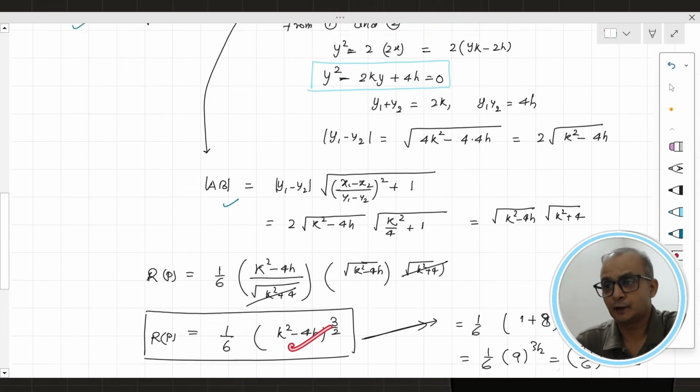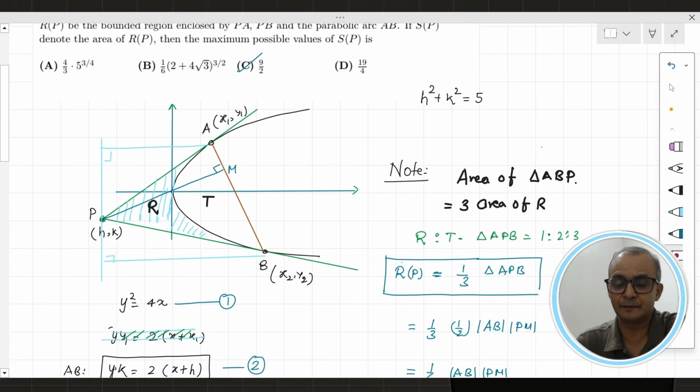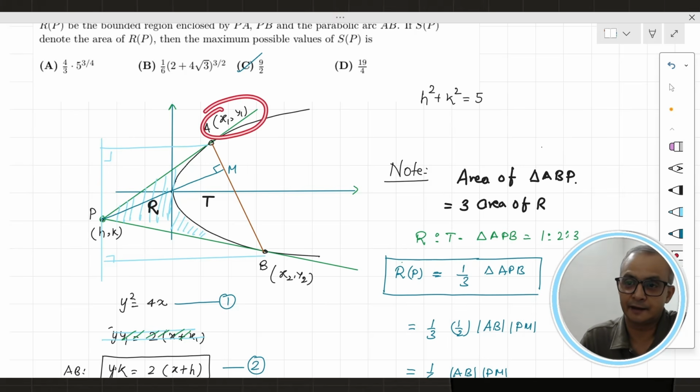The other remark I want to make is this: because the parabola, ellipse and all these conics have a variety of different points, there is a parametric point also, and there is a slope version also. So this can also be written with a parameter t, like x equals t square and y equals 2t.